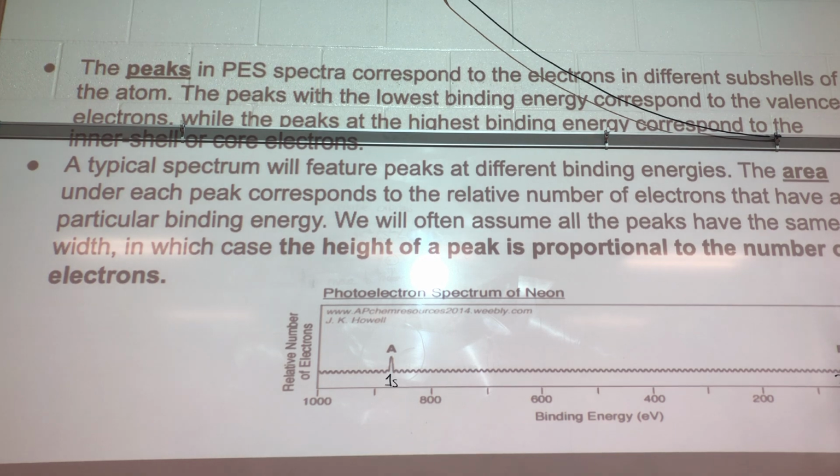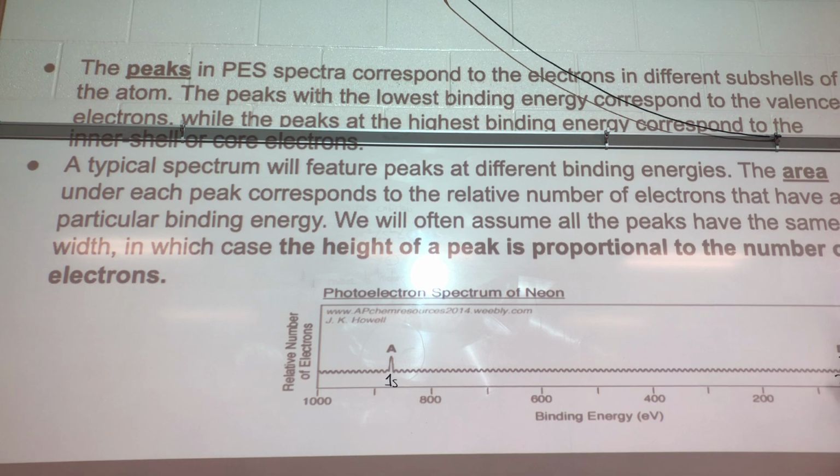Now, someone raise a hand, tell me why are peak A and peak B the same size and height? Claire? Because a 1s and a 2s hold the same number of electrons, right? They hold 2. This is actually good that you mentioned it, Taylor, because the y-axis doesn't say numbers, right?